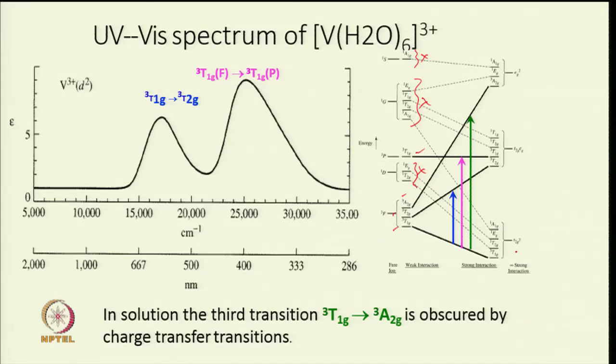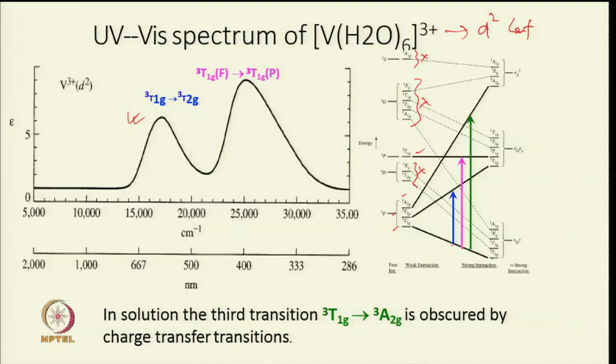Now look here. This is 3T1g, 3T1g, and this is 3T2g. The transition can happen between terms of the same multiplicity. So it can happen from 3T1g to 3T2g. This is what you see in the UV-visible spectrum of vanadium hexaaqua 3+, which has d2 configuration.